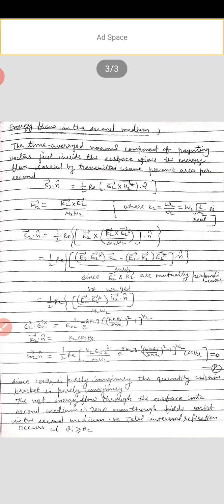And for this, we find S2 dot n cap is equal to 1 by 2 real part of E2 cross H2 star dot n cap. Here H2 is equal to K2 cross E2 divided by mu 2 omega 2, and K2 is equal to omega 2 divided by V2, or K2 is equal to omega 2 into under root epsilon mu 2, and this is real.